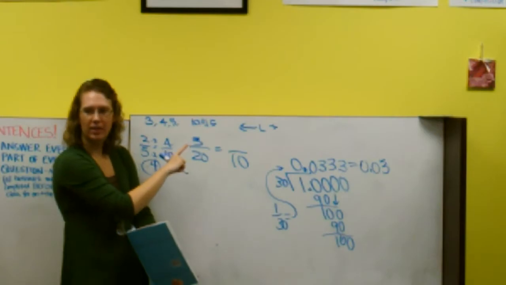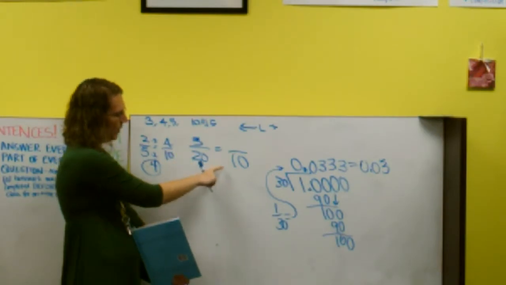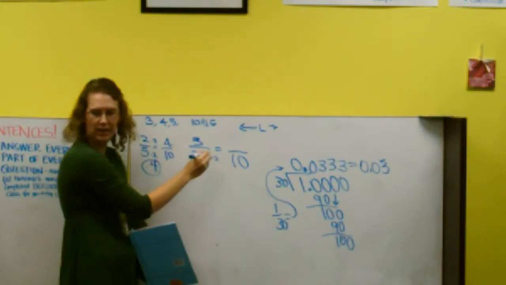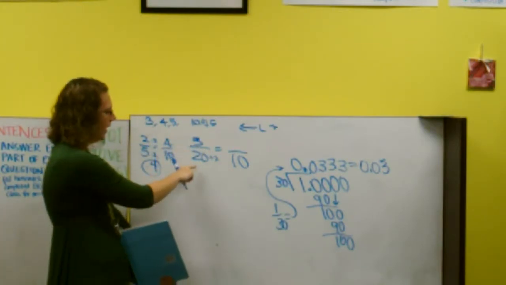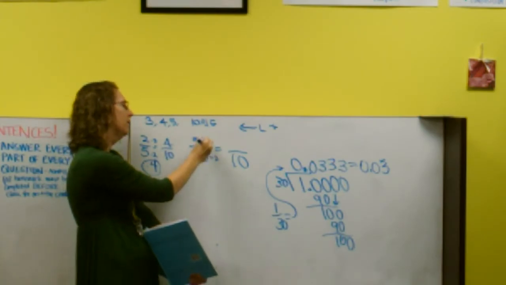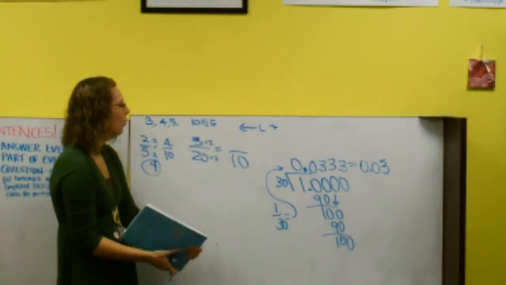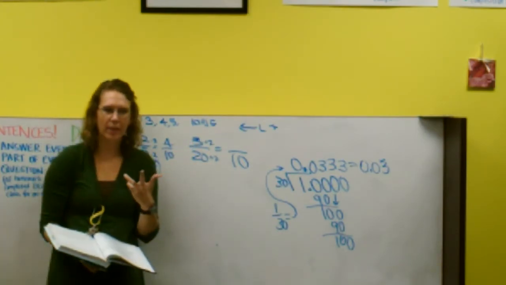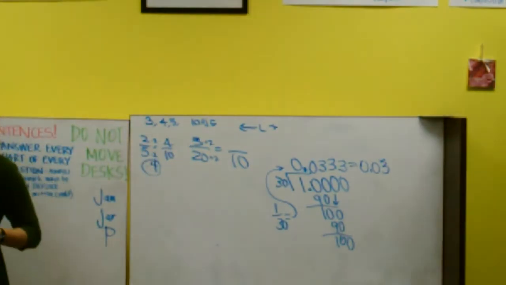By 20, you had to do what to 20 to get to 10? Divide by 2. Divide by 2, exactly. Please leave that chair alone, okay? So if we divide by 2 on the bottom, what do we have to do to the top? Divide by 2. You can't actually do the math for 3 divided by 2 and get a whole number, right? But we all know what 3 divided by 2 is. Do we? No. What's 3 divided by 2?